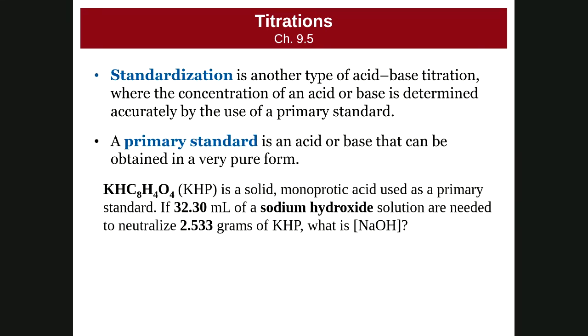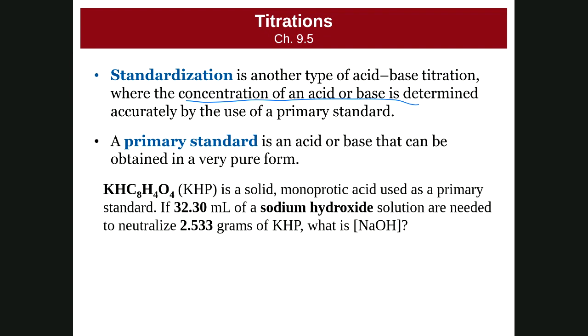So titration. If you have a primary standard, you can do a standardization titration. So that is where you find the concentration of an acid or base very accurately. Primary standard.